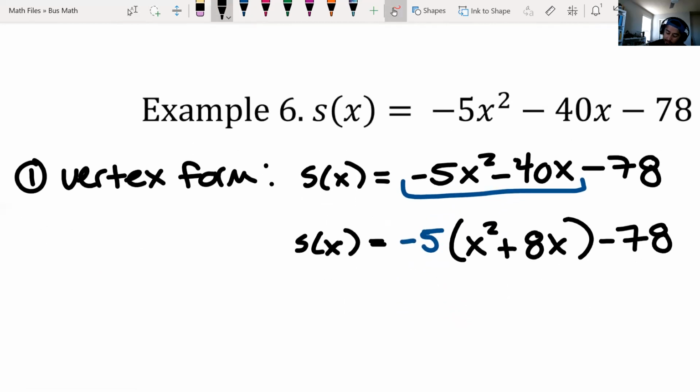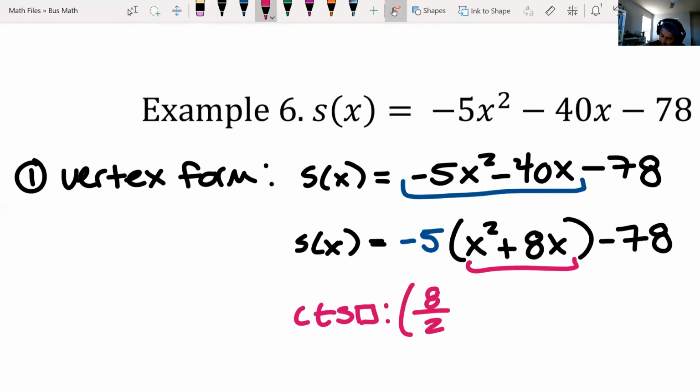We now have the perfect form on the inside right here. So we're going to complete the square. And we're going to take half of 8 and square it. This will give me 4 squared, which gives me 16.